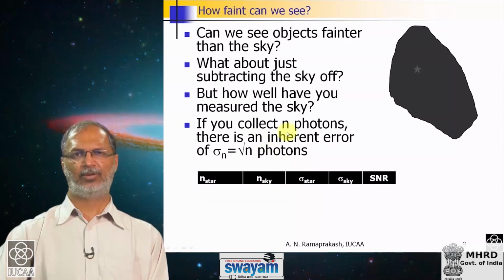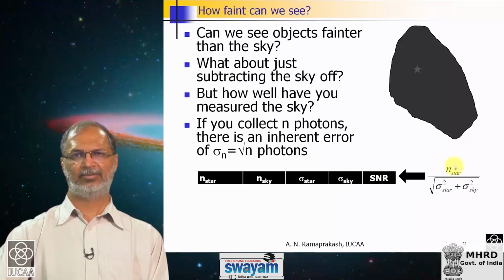As from the above bullet here, the uncertainty in measuring the starlight is the root of this number n star. So, this column will have the root of this number, and the uncertainty in measuring the skylight is given by the root of this number. So, this column will have the square root of that number. And what I call the signal to noise ratio is the ratio of this number above to this total uncertainty.